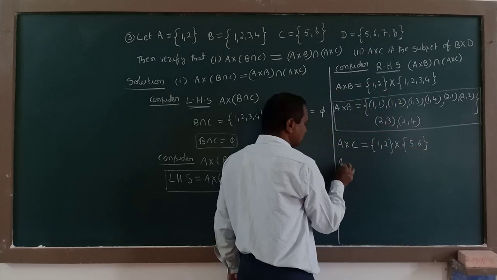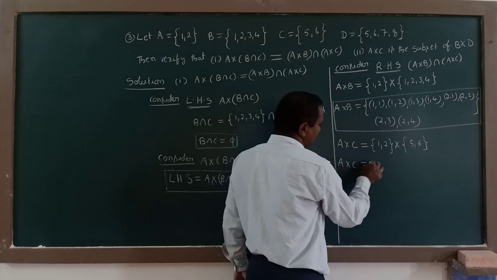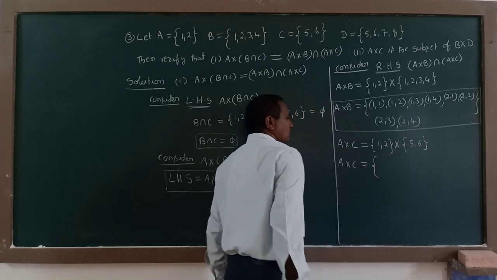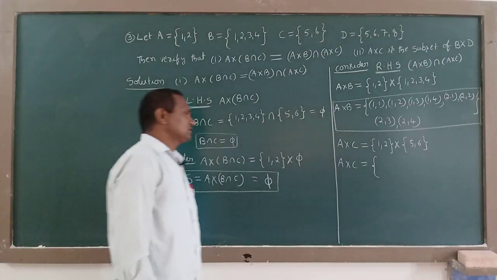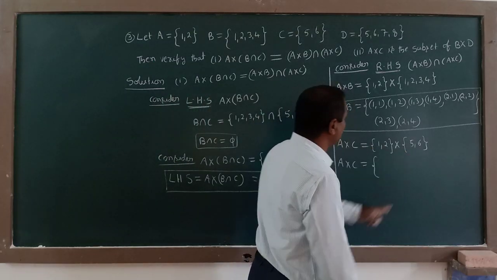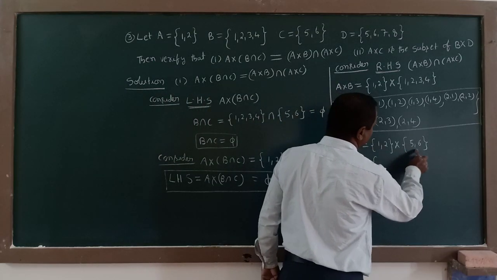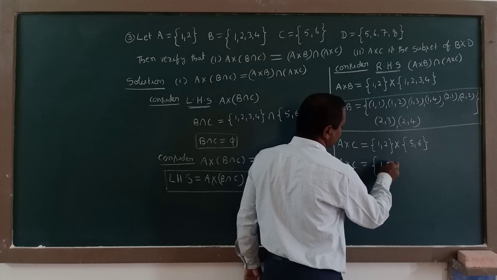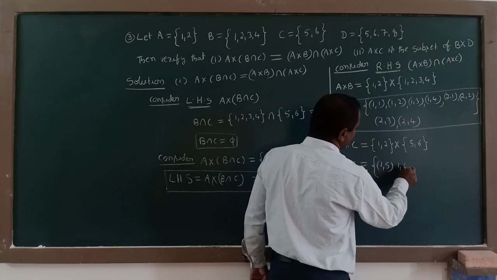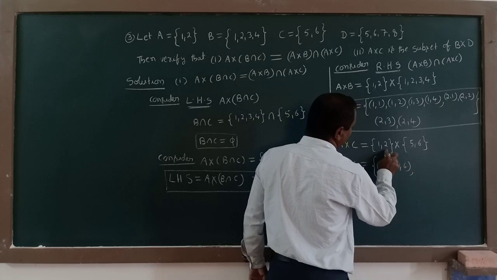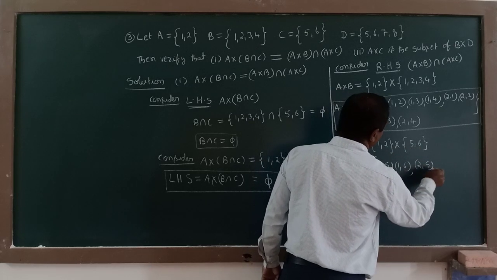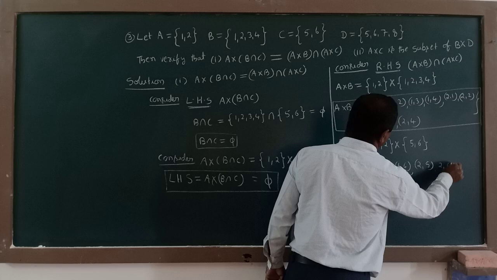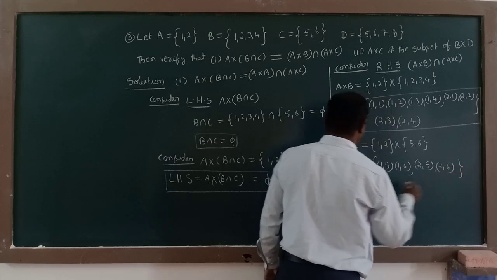Then A cross C is the Cartesian product of these two sets A and C, given by: start with 1 to these two, that is 1, 5 and 1, 6. Start with 2 to these two elements: 2, 5 and 2, 6. This is A cross C.